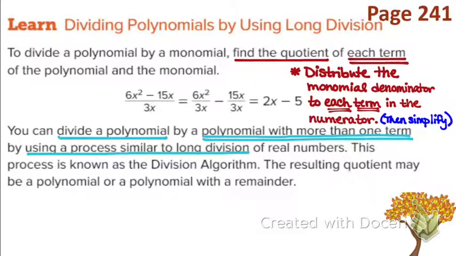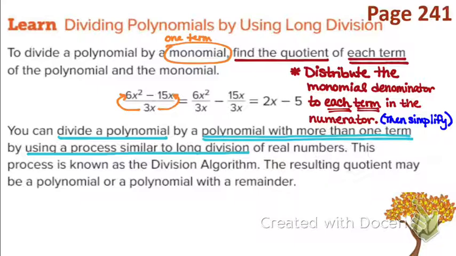To divide a polynomial by a monomial, monomials have how many terms? One term. This is like the Bellwork problem where I had the 2 in the denominator. To divide a polynomial by a monomial, we're going to find the quotient of each term. We are distributing to each term in our numerator.